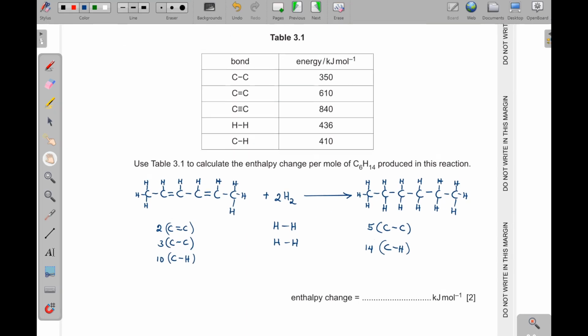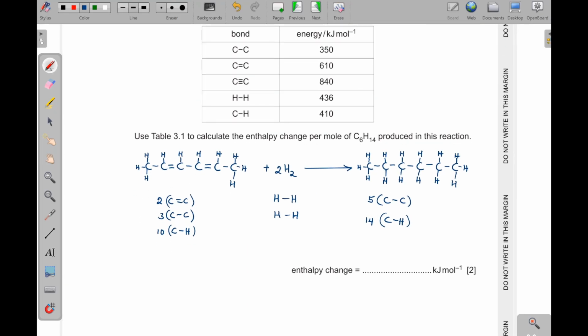Now, when we are finding the enthalpy change, it is going to be energy in breaking. I can actually say H breaking, then minus the H forming.